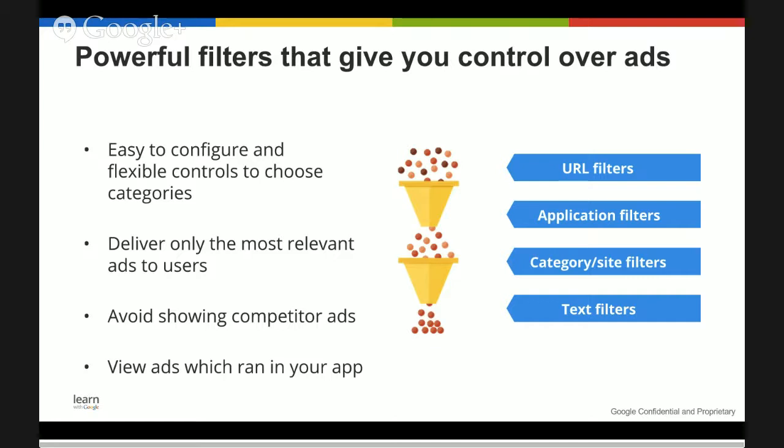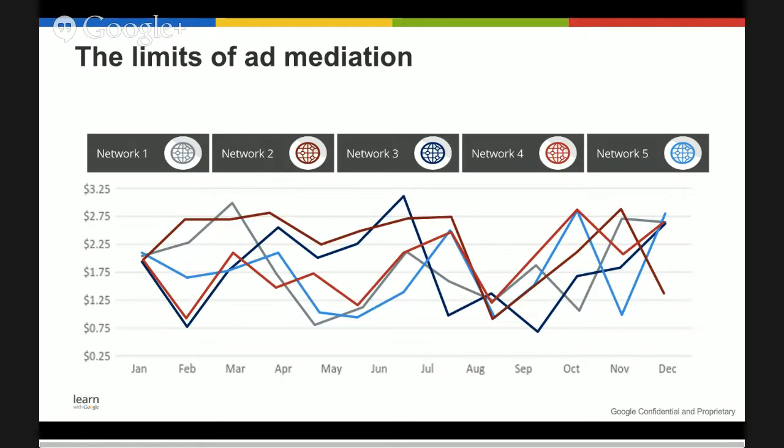This means you can block your competitor ads, block specific categories, choose which type of ad should run on your app, and view afterwards the ads that actually run on your app, which is really good for you.